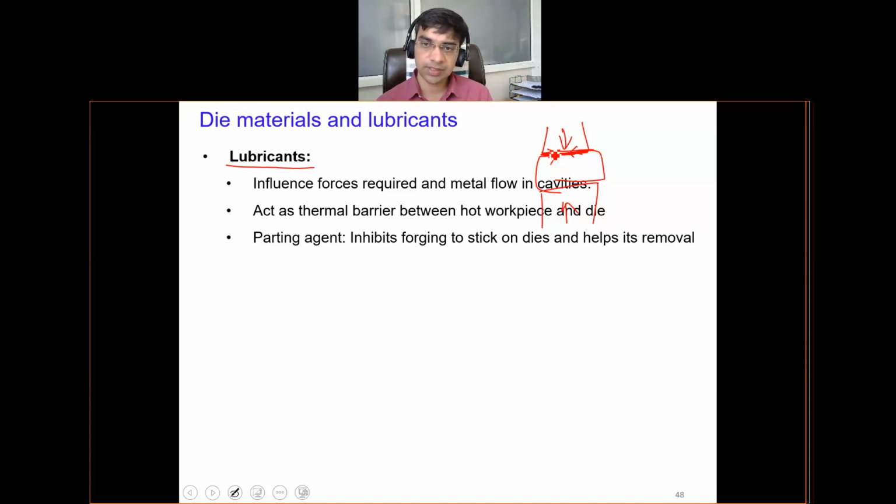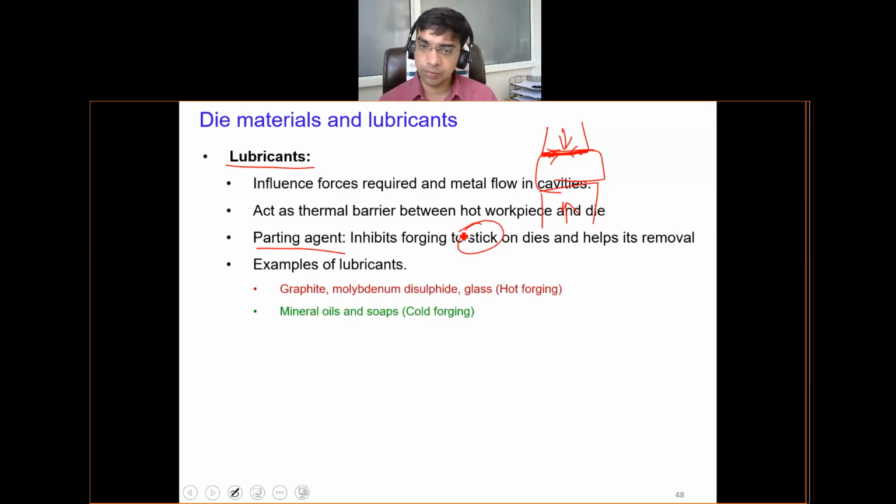As soon as the process is complete, we want to eject the deformed workpiece. So we will use a lubricant which will act as a parting agent, which will inhibit the adhesion of the workpiece with the die. This inhibits the sticking of the workpiece and allows easy removal from the forging die.